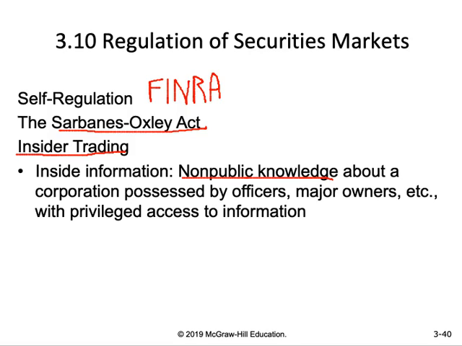Also, anytime there's good news, you can observe this yourself. If you look at a stock chart, let's say earnings doubled for a company, if you look at the several days leading up to that, the price of that particular security has already started moving up, which tells us somehow word is getting out because it's pretty consistent. So even though it's illegal, regulators have had a very tough time enforcing insider trading regulation.